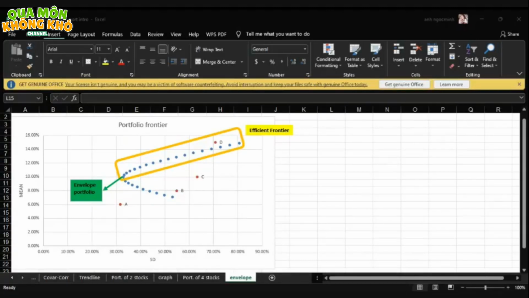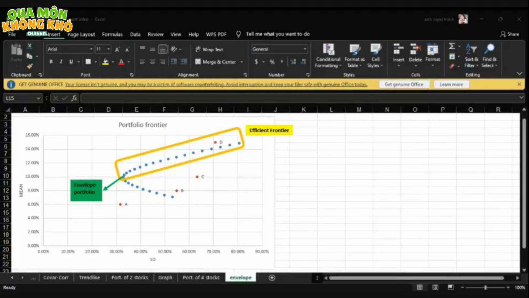Teacher, can I answer for my teammate? Okay. So I think that if you invest in only one stock, and if we comprise many stocks, that means we have diversification. Diversification can reduce the standard deviation.